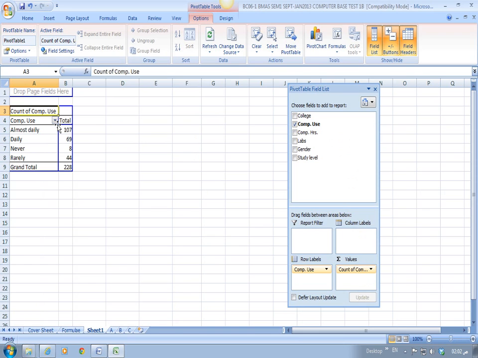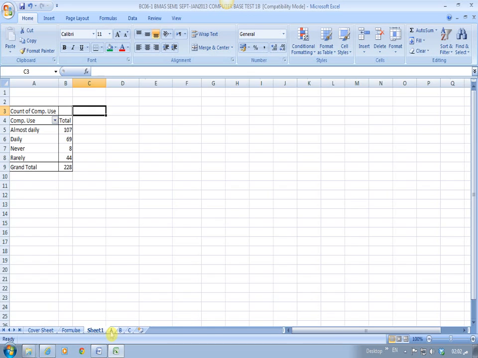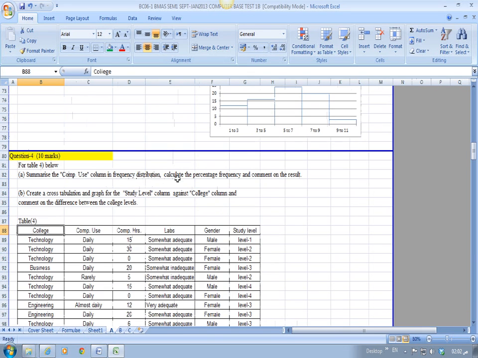Here it means that there are about 107 using the computer almost daily, then daily 69, never 8, and rarely 44.